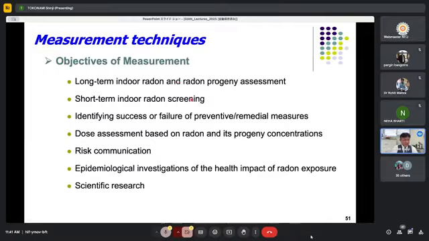Short-term indoor radon screening. Identifying success or failure of preventive remedial measures. Those assessments are based on radon and its progeny concentrations. Risk communication. Epidemiological investigations of the health impact of radon exposure, and scientific research.